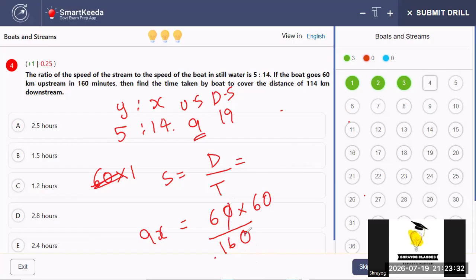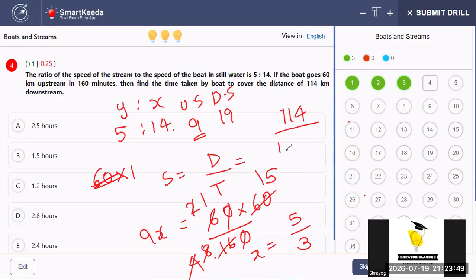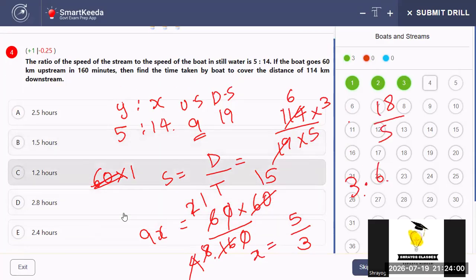So 2 by 8, 1 by 4, x is equal to 5 by 3. That is why 114 upon 19 into 5 by 3 is equal to 6 into 3 by 5, that is 3.6 hours.